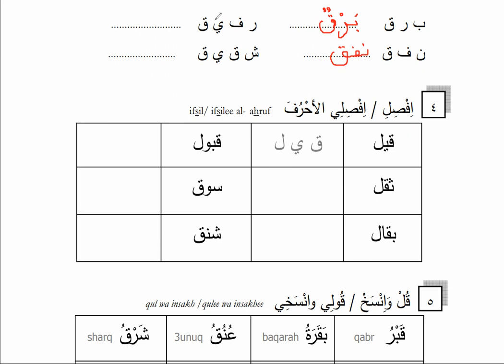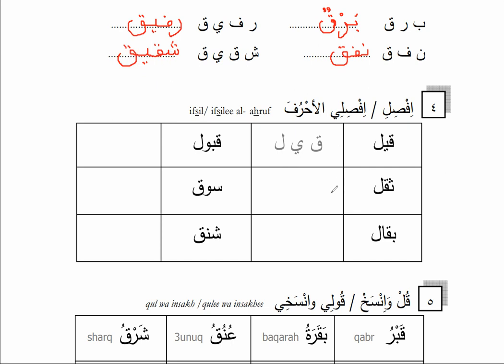Noon, fa and qaf. Ra is a non-connector. Fa, ya and qaf. Fa, ya and qaf. So now sheen, qaf, ya and again qaf. So you can see sheen, qaf, qaf, ya and qaf. So there are two qafs.